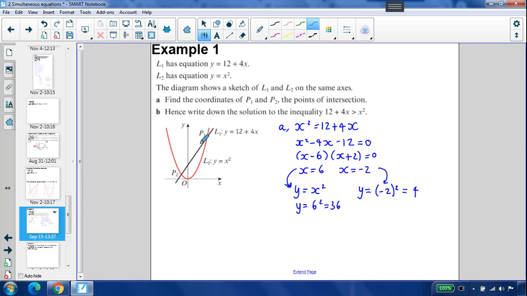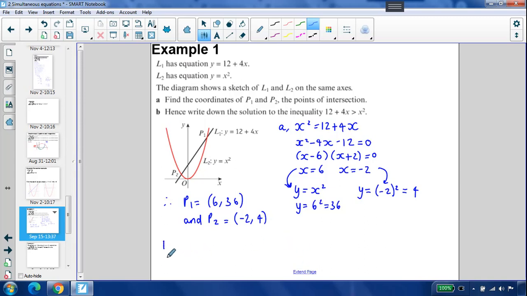So let's have a think about which one's going to be P1 and P2. Well, P1 is going to be a positive x value, so P1 is equal to 6 and 36, and P2 is equal to minus 2 and 4.